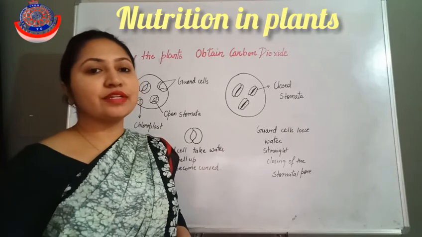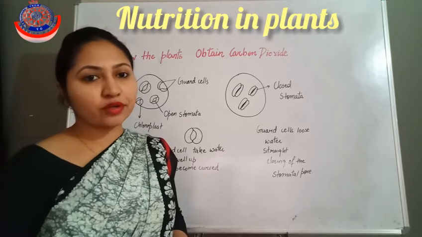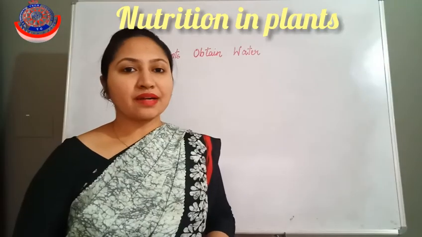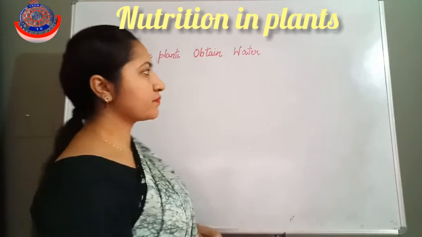So next we will discuss how the plants obtain water. Plants obtain water through the process of osmosis.